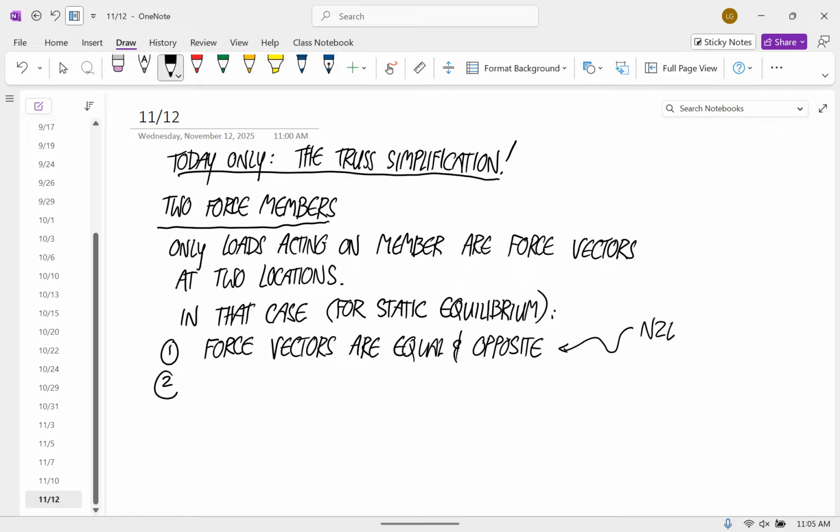And second, those forces have to act along the line between the two locations where those forces act. So it acts along the line between those two locations.